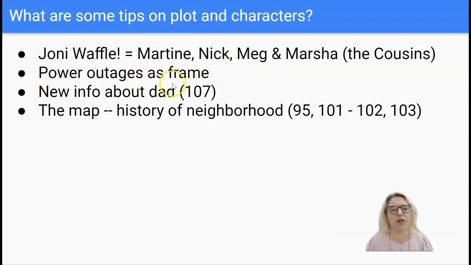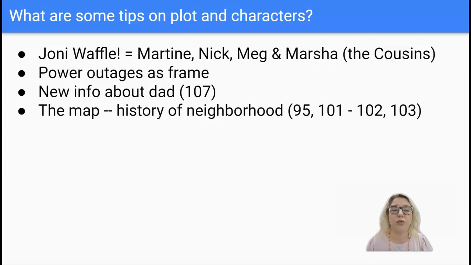One thing you'll notice about the plot in this chapter is that it starts and ends with the same event, or at least a similar event: power outages. At the beginning of the chapter, Benji is complaining about a smell in their house, exacerbated by the power outage.